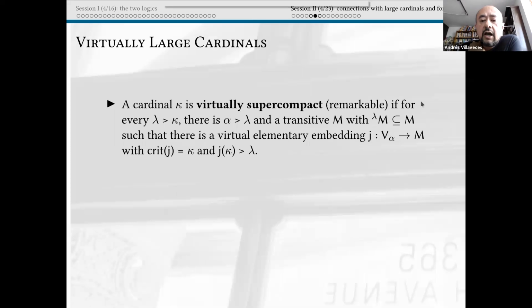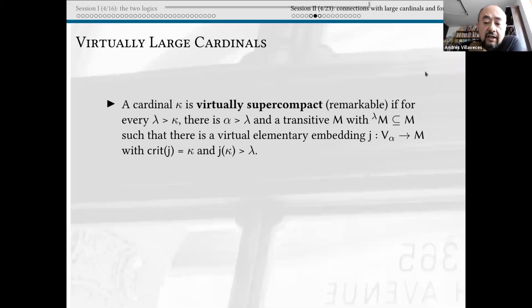Okay, so a cardinal kappa is virtually supercompact, just to remind you of some definitions, or remarkable, if for every lambda above kappa, there is alpha above lambda and a transitive model M, closed under lambda sequences, such that there is a virtual elementary embedding j from V_alpha. Usually it is from V, but you want to have a set version of this for technical reasons.